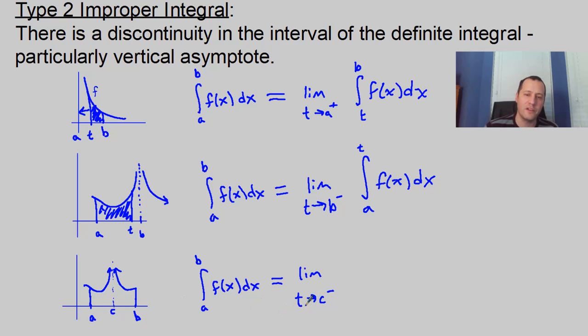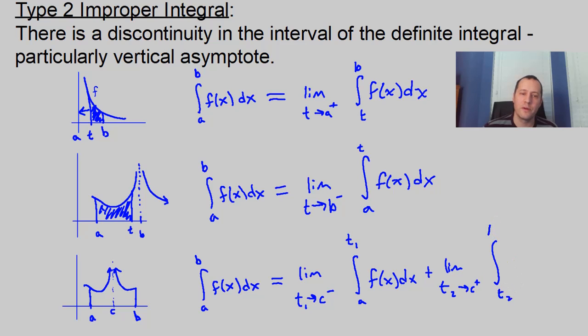And let me call this one t1, just to distinguish between my two t's. The integral from a to t1 of f of x dx plus the limit as t2 approaches c from the right of the integral from t2 to b of f of x dx.